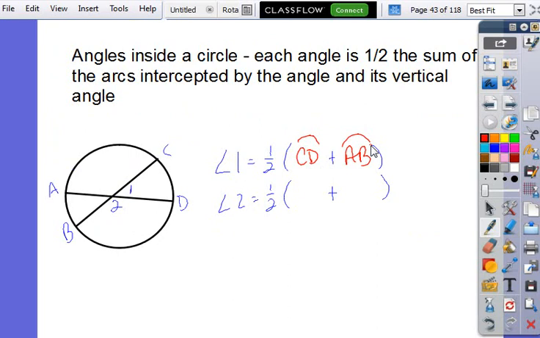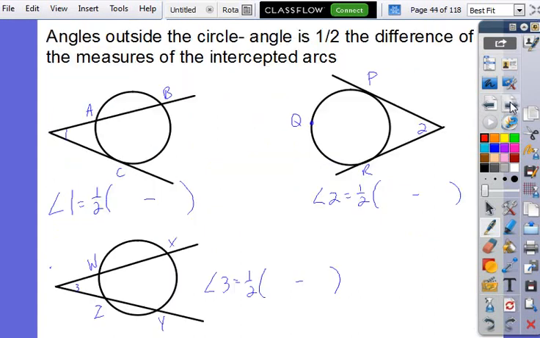Angle 2 would be BD and AC. Right here, it's half of the big one minus the little one. And it has to be in between the lines. Half of the big minus the little in between. PQR, PR. And then this one, XY, and WZ.